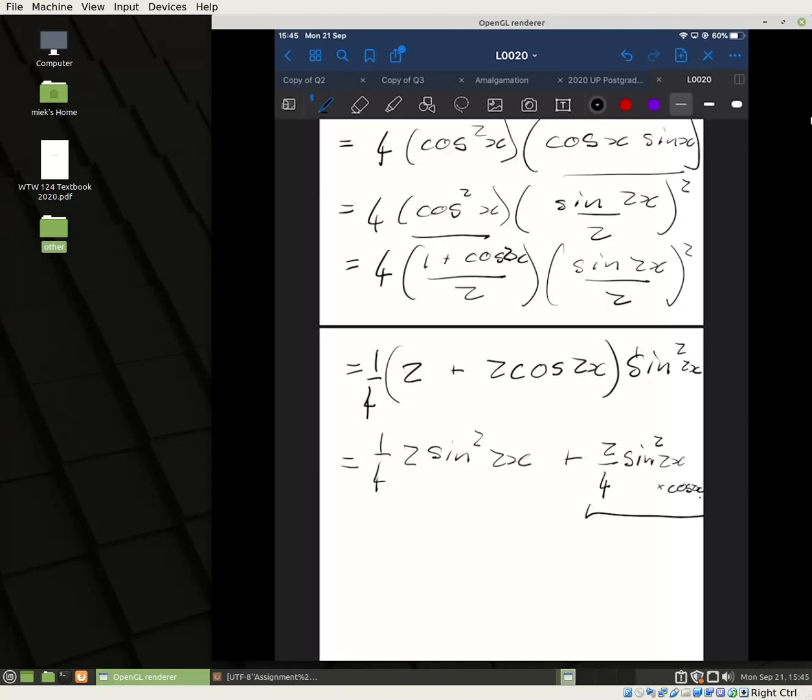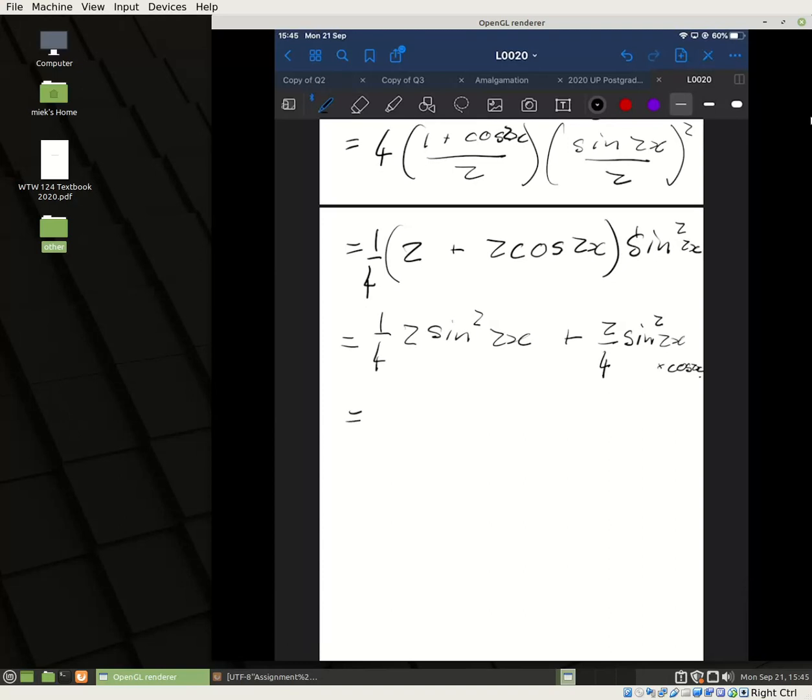Now we see this term is fine, because here we have a polynomial expression in sine 2x multiplied with its derivative. Now we need to take care of this term over here.